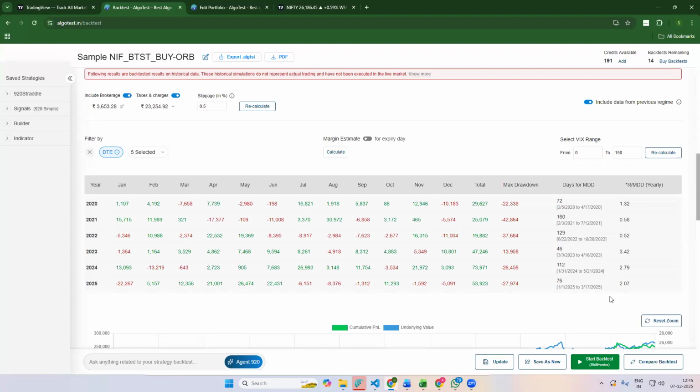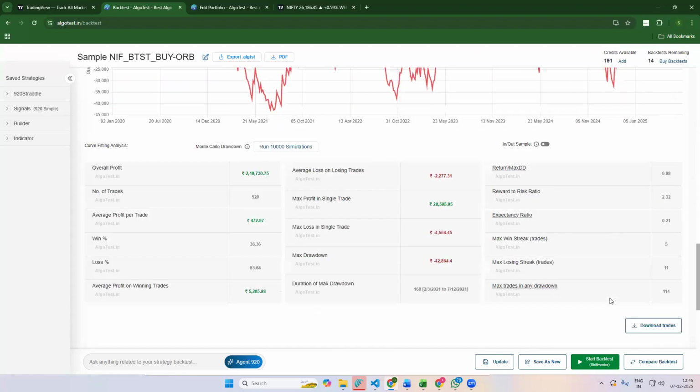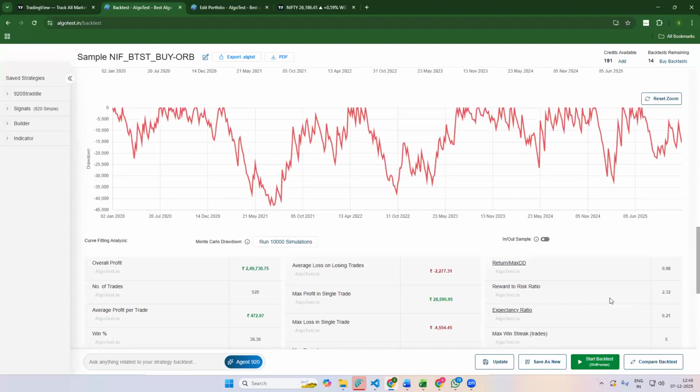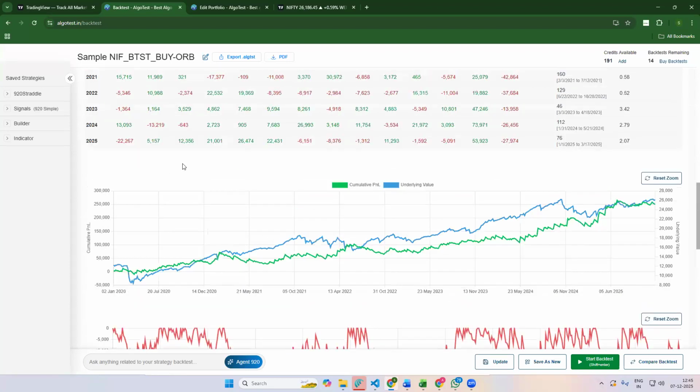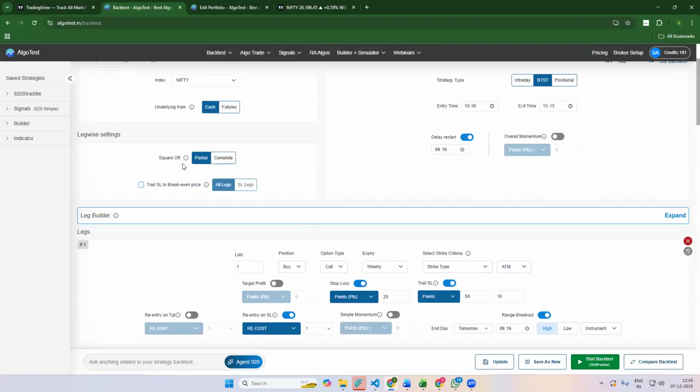Bridge, you were asking something about square off complete or partial. In this strategy where you define the parameters, where is square off? In this strategy, we only have one leg, so this becomes insignificant. It becomes significant only if we have multiple legs.